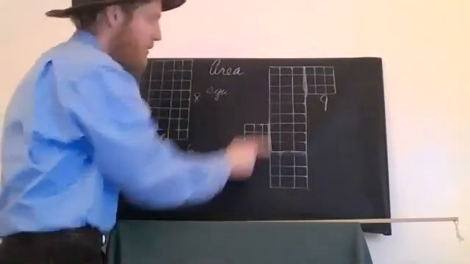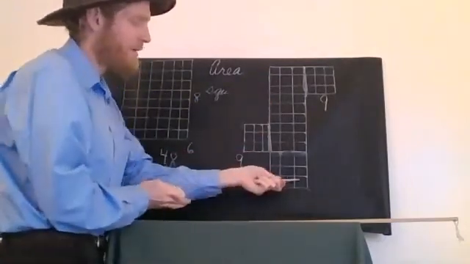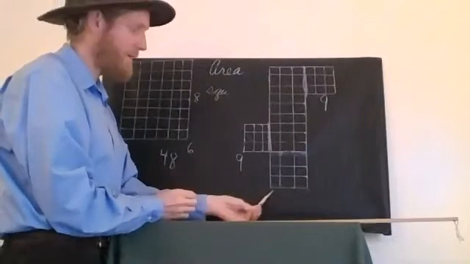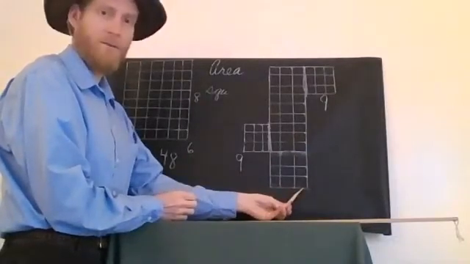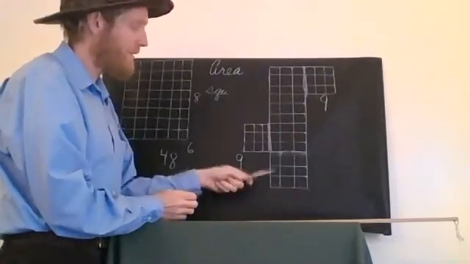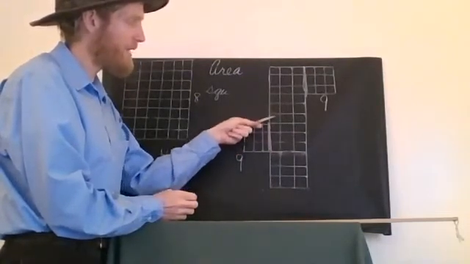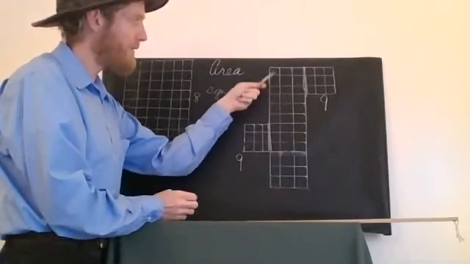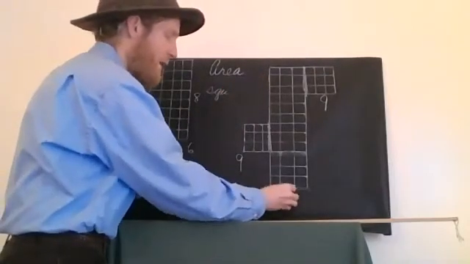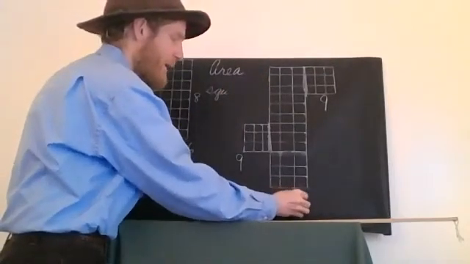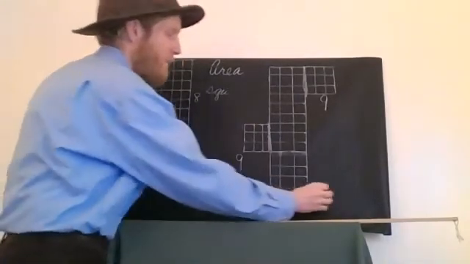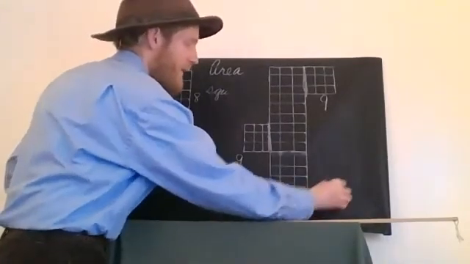Well, what about this long one? It's 3 this way, right? And then how many this way is it? 1, 2, 3, 4, 5, 6, 7, 8, 9, 10, 11, 12. What's 12 times 3? Ooh, this one's going to be 36.